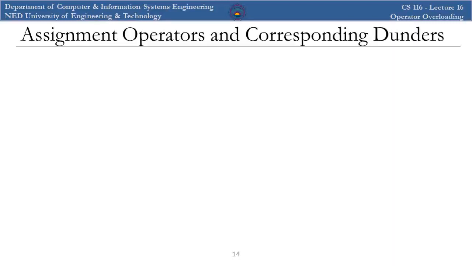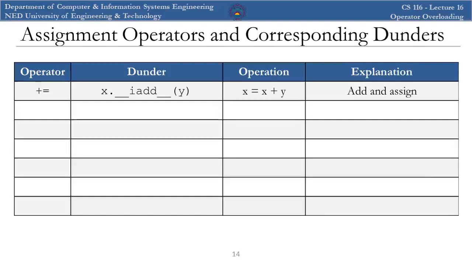Similarly, here is a list for assignment operators. This is the first one, plus equal to. We already know how these assignment operators work. If I'm writing x plus equal to y, that will decompose into x is equal to x plus y. So this operator will add these two values x and y, and it will return a value that will be assigned to x.